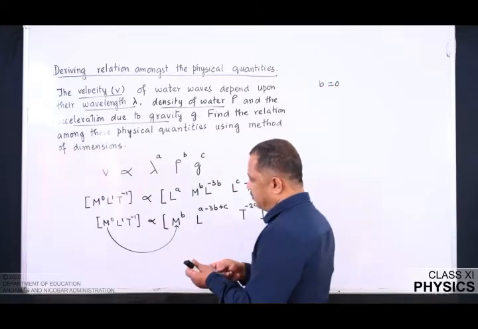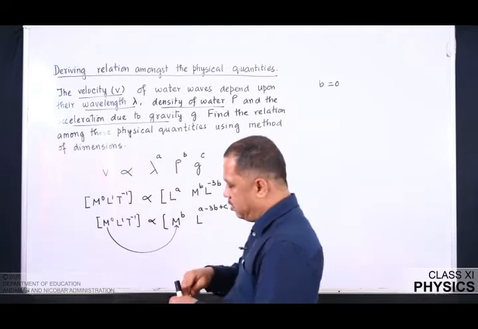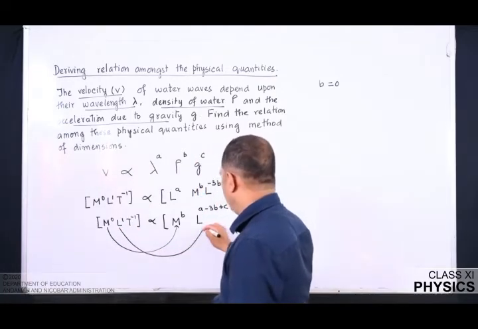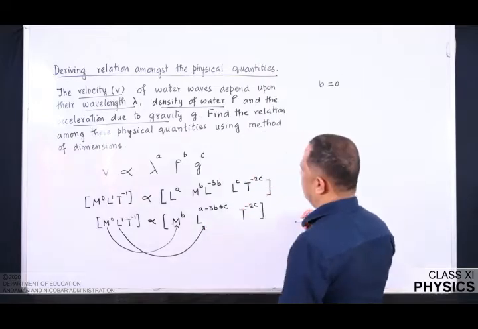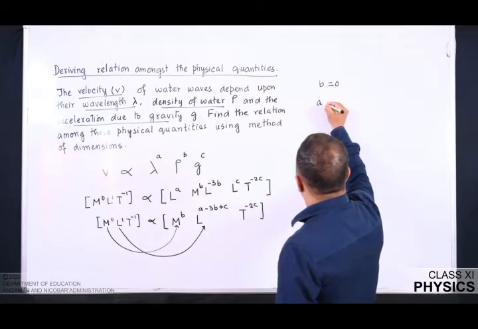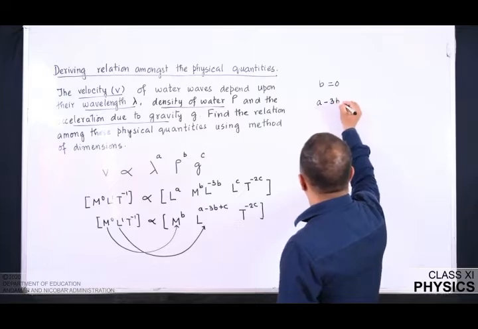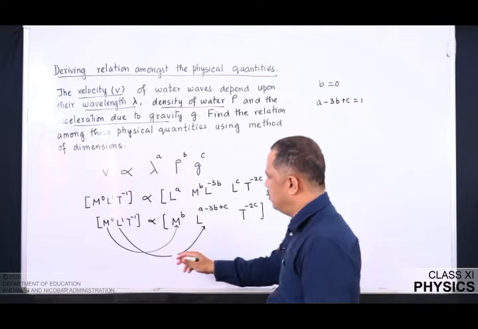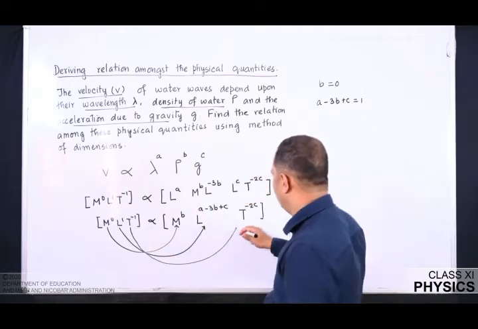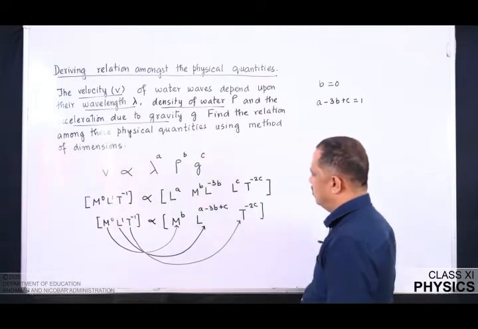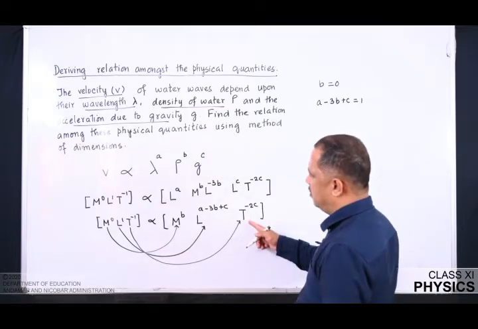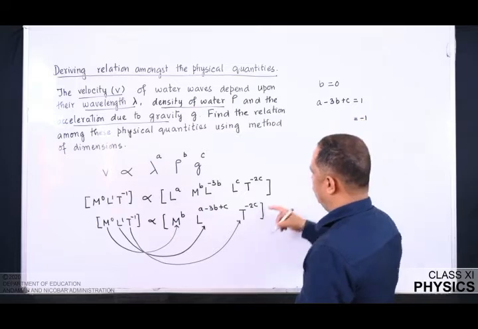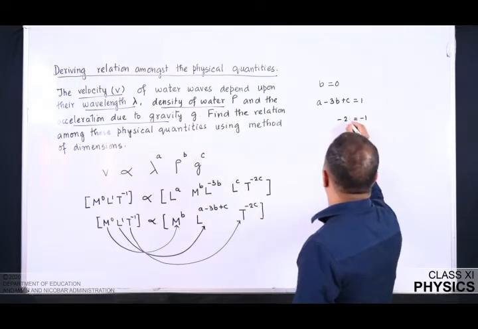Second, I equate the dimension of L on the left-hand side with that on the right-hand side, so I have a minus 3b plus c equals 1. Thirdly, equating the dimension of time, I have minus 1 equals minus 2c.